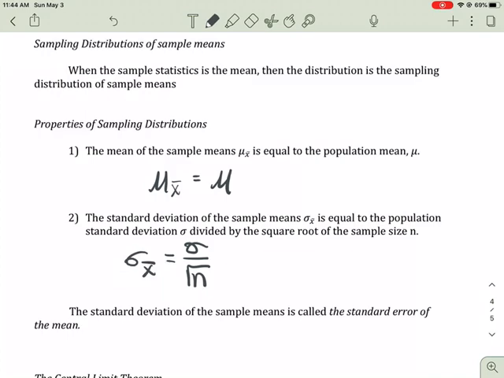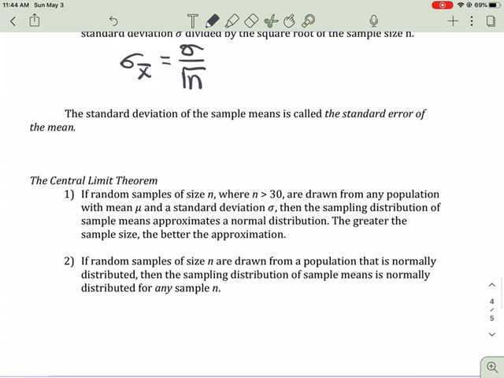Now, what comes from there is called the central limit theorem. Central limit theorem basically says if you take a random sample of size n, as long as n is bigger than 30, from any population with a mean and a standard deviation, then the sampling distribution of the sample means is going to be approximately normal, and the greater the sample size, the better the approximation.